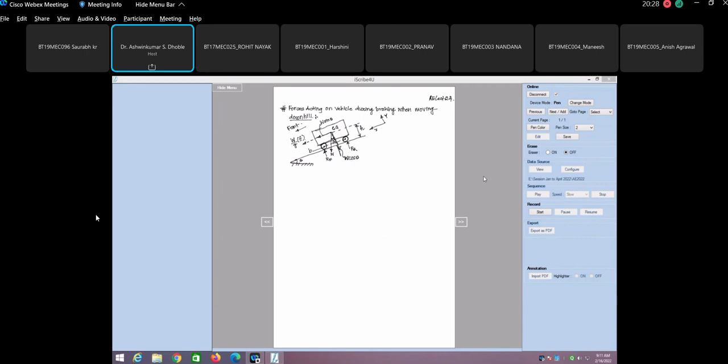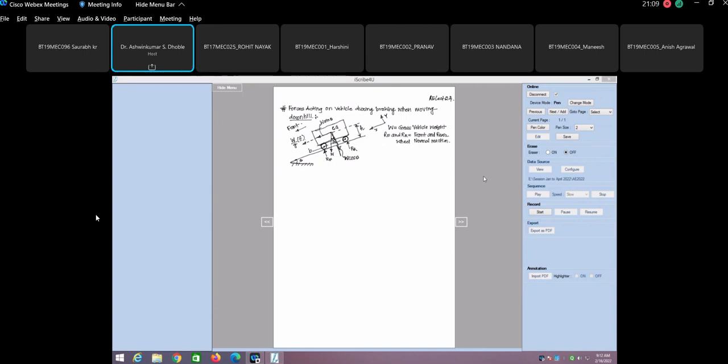So I will write down whatever we are going to discuss. So W is equal to gross vehicle weight, then RF and RR are the front and rear wheel normal reactions.